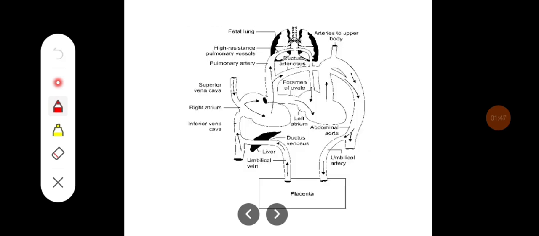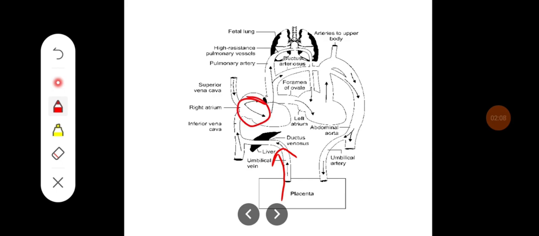So this diagram shows how the fetal circulation is designed. The oxygenated blood goes to the fetal circulation through the umbilical vein. It reaches the liver, some amount bypasses, and then it reaches the inferior vena cava, then the right atrium.